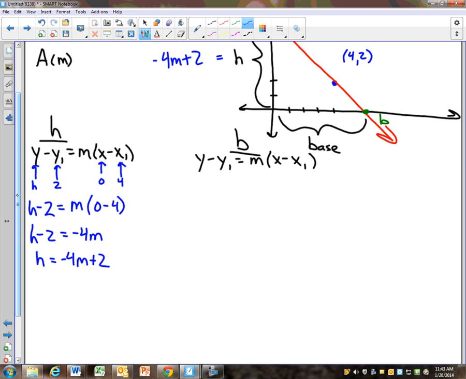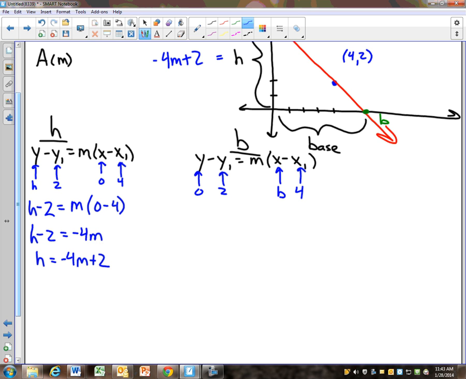All right, so we're going to do the same thing here. b refers to the base, the x-intercept, and the x-intercept occurs when y is equal to 0, and we know that x is going to be b. What do you know is y1? Still 2, and x sub 1 is 4.